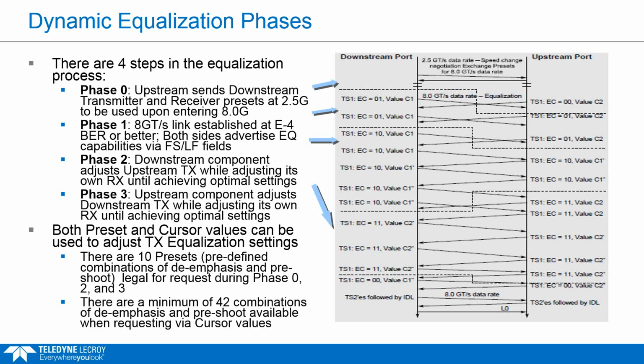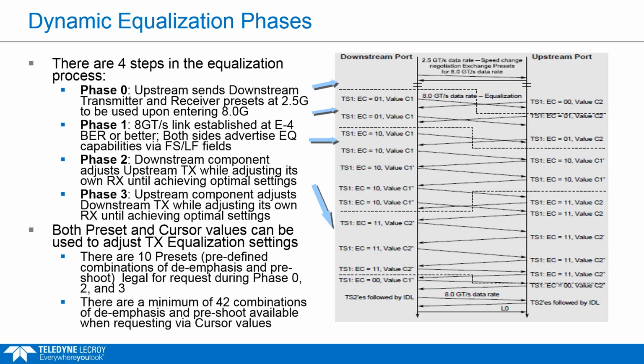In phase 0, it starts out at 2.5 gigabits per second, and a speed change request is sent along with a transmit equalization setting. A preset is sent from the system to the add-in card, and that preset is to be used when the add-in card first goes to 8 gigabits per second.